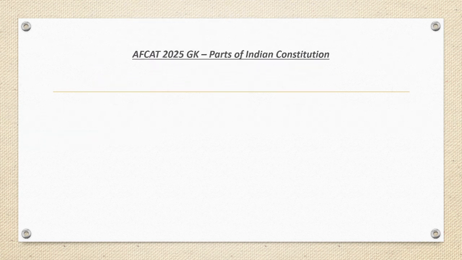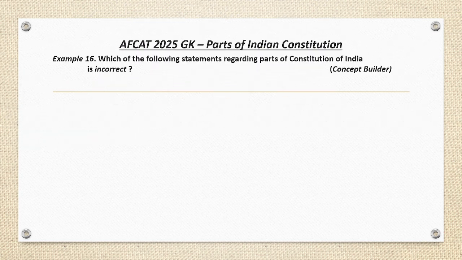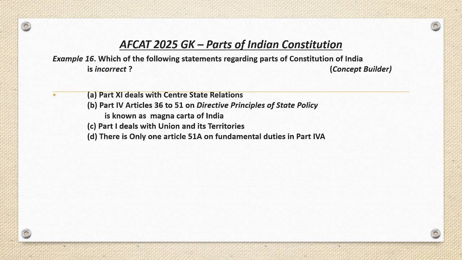Right. Next, this is an interesting question. Which of the following statements regarding parts of the Indian Constitution is incorrect? Okay. So let us see what this is. Option B, Part 4, Articles 36 to 51 on DPSP. No, this is wrong.